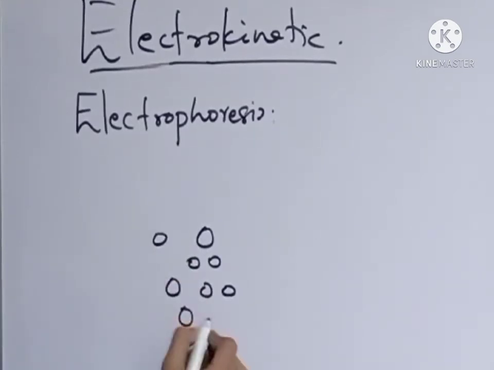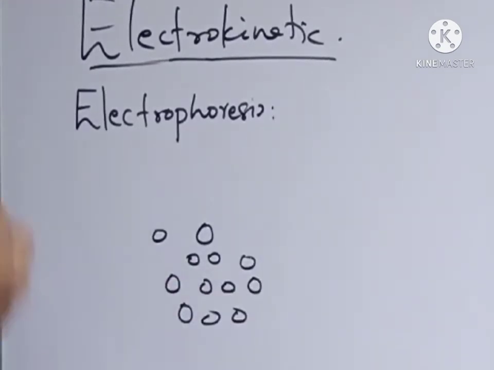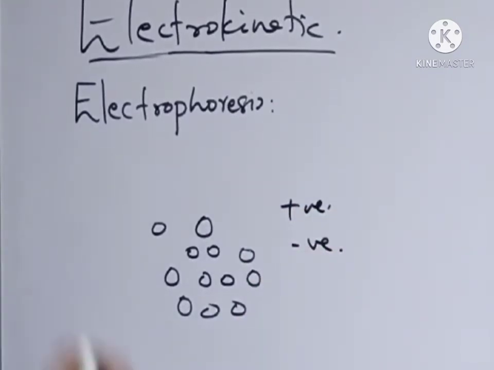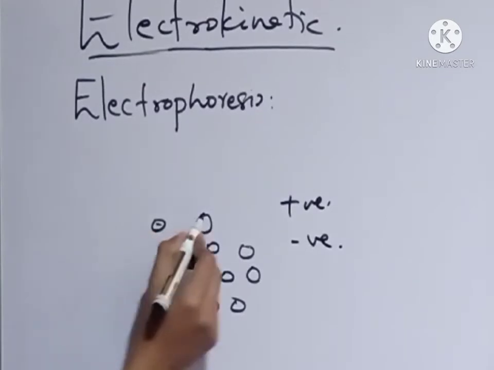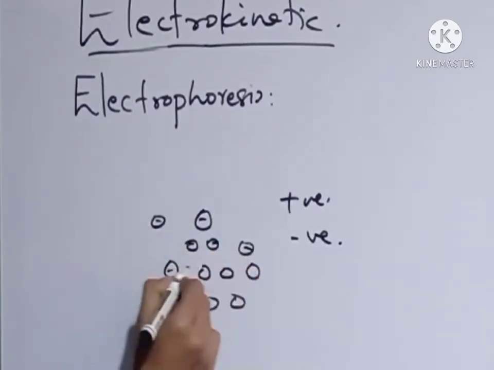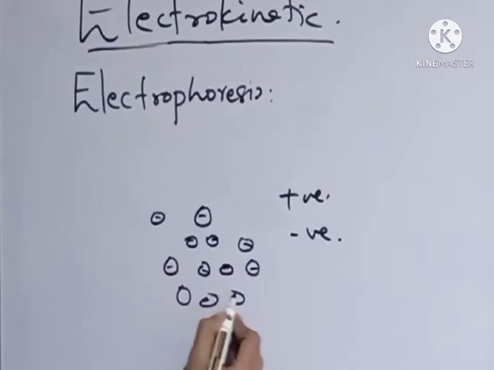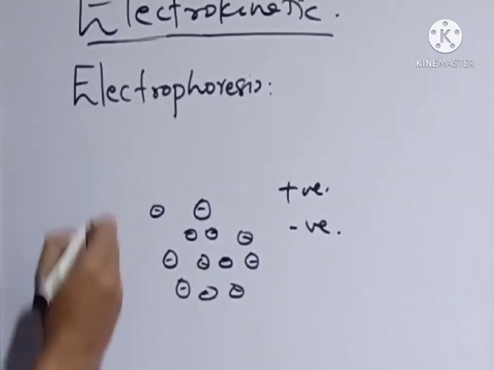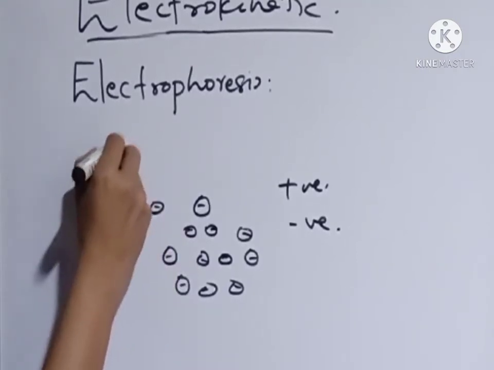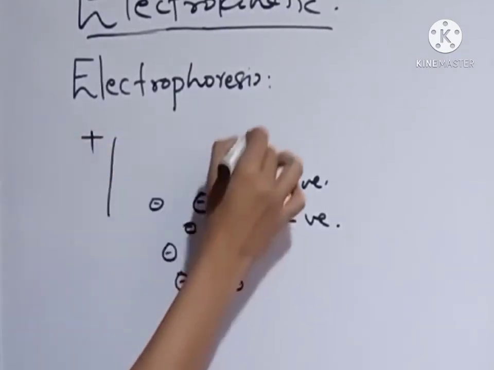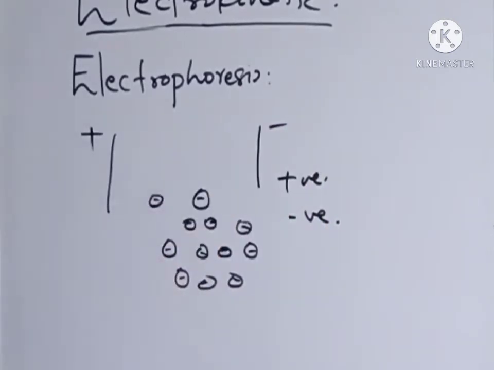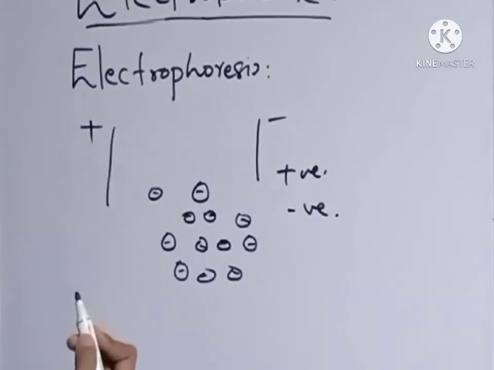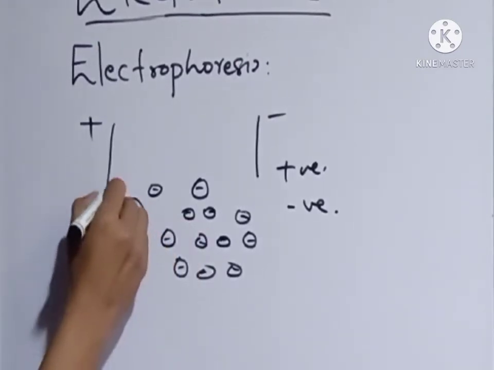We know colloidal particles are charged, either positively or negatively. So consider a colloid which is negatively charged, so all the colloidal particles, that is the dispersed phase, are negatively charged. When we apply some electric field, these colloidal particles will migrate towards the positive electrode.